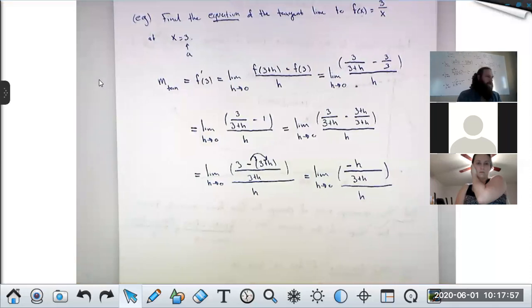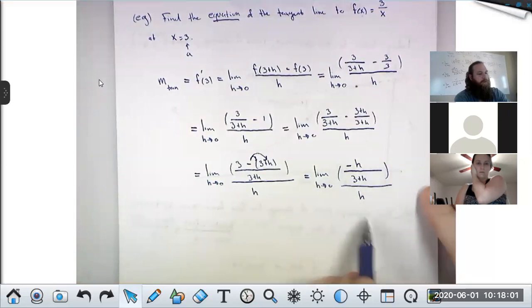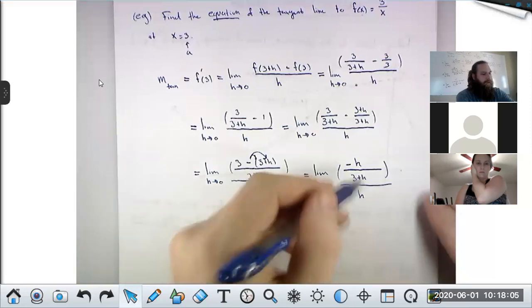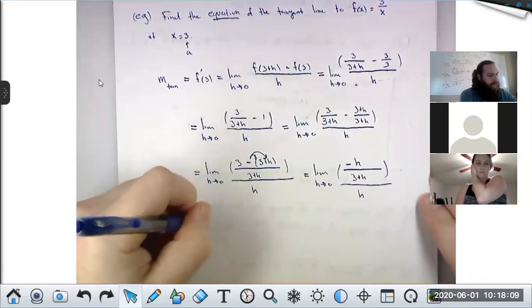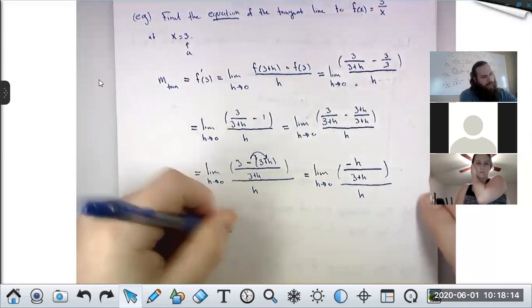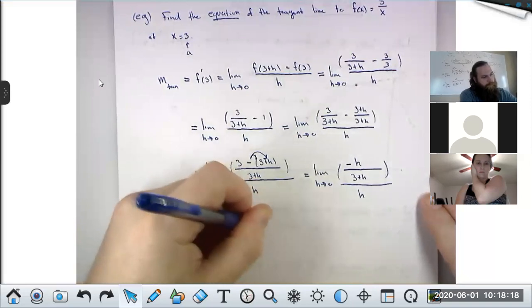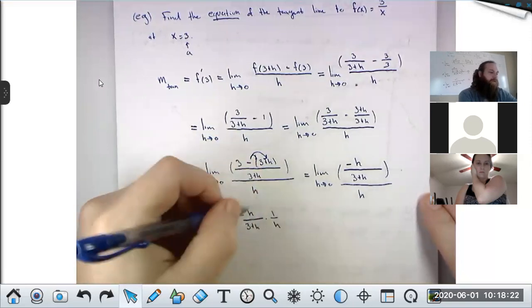Now remember the way to handle this sort of thing. If you've got one fraction divided by another fraction, you flip and multiply the bottom. So this is negative h over 3 plus h times 1 over h. And now these h's can cancel.